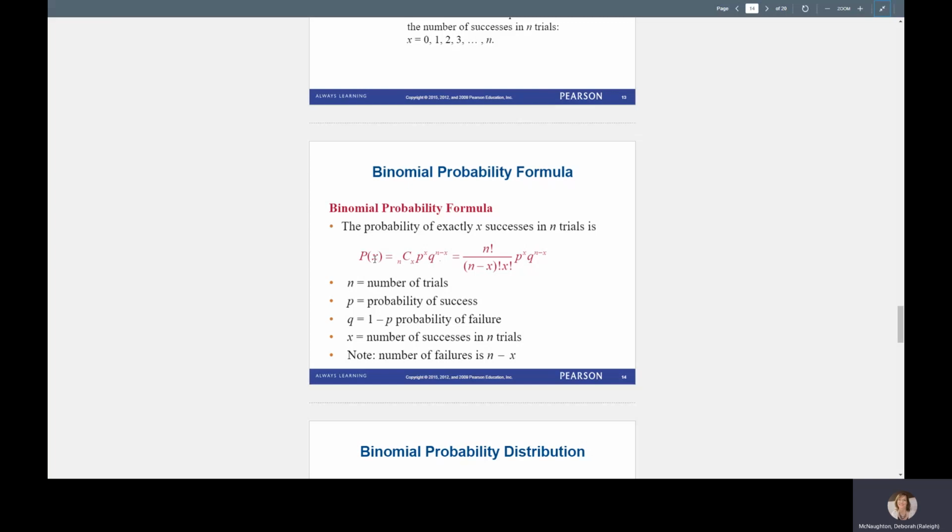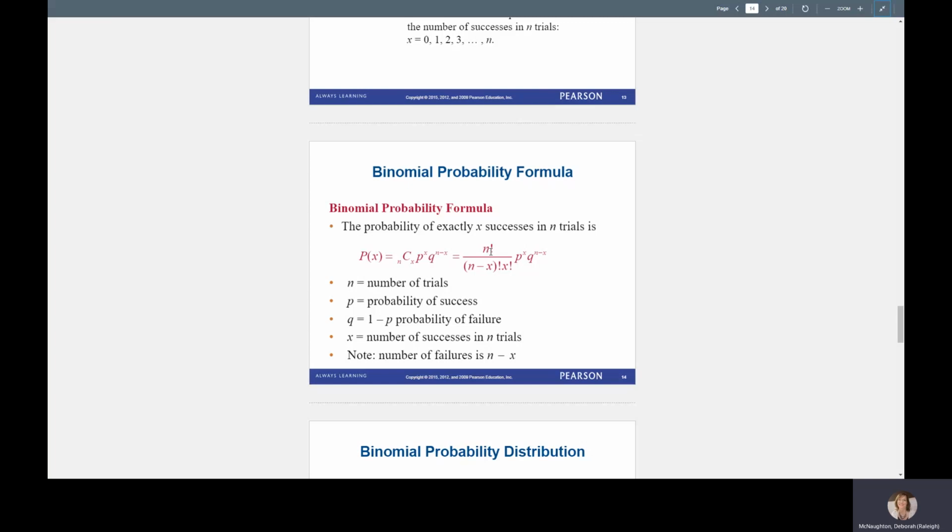If I roll the die trying to get a 6, the probability that I get no 6s is going to be 10 choose 0, P to the 0, Q to the 10.